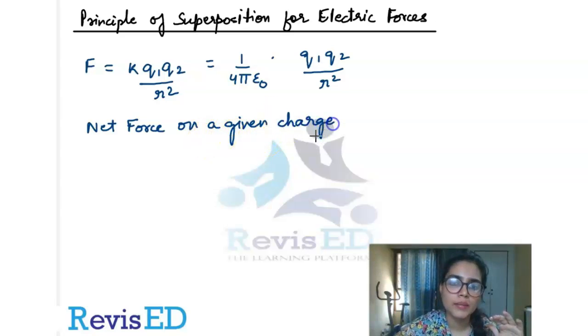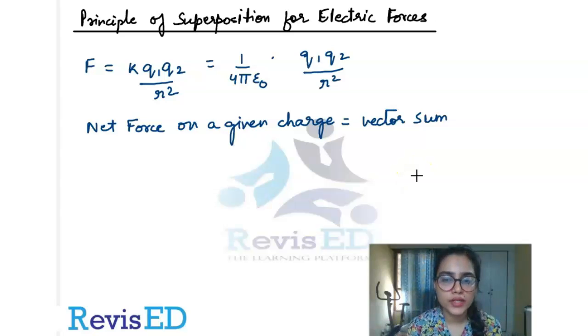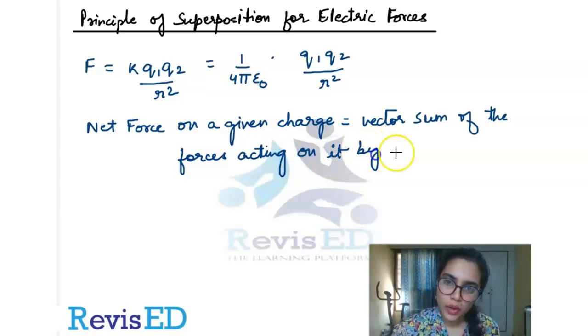So if we have n number of charges in the body, the net force on a given charge is going to be equal to the vector sum of the forces acting on it by all other charges. We say vector because force is a vector quantity, since charges are vector quantities.